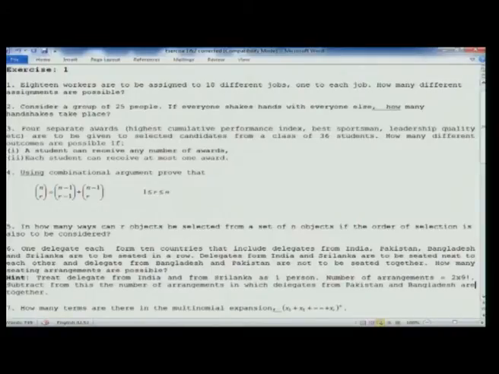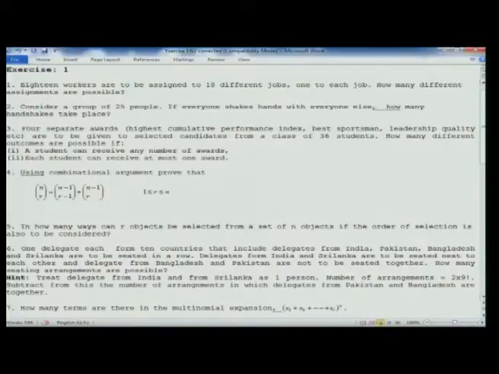Now, you do not want delegates from Bangladesh and Pakistan to be sitting together. So, consider the situation when they are sitting together, and we will subtract that number. If you look at the arrangements in which delegates from India and Sri Lanka are together and delegates from Bangladesh and Pakistan are together, you will have 8 different positions to arrange, because each pair can be treated as one person. So, the number of arrangements would be 8 factorial, but again there are 2 possibilities for each pair: India Sri Lanka or Sri Lanka India, similarly Bangladesh Pakistan or Pakistan Bangladesh.